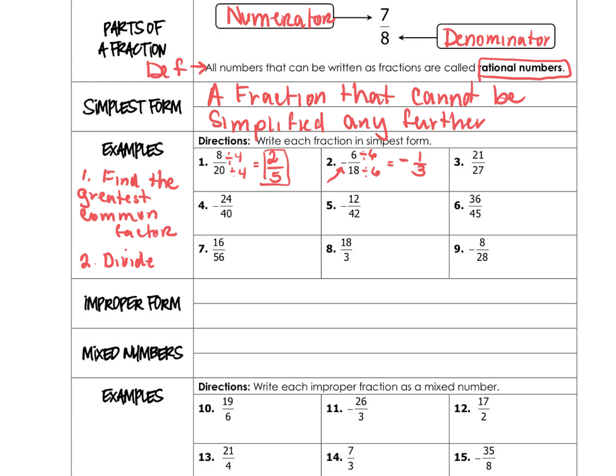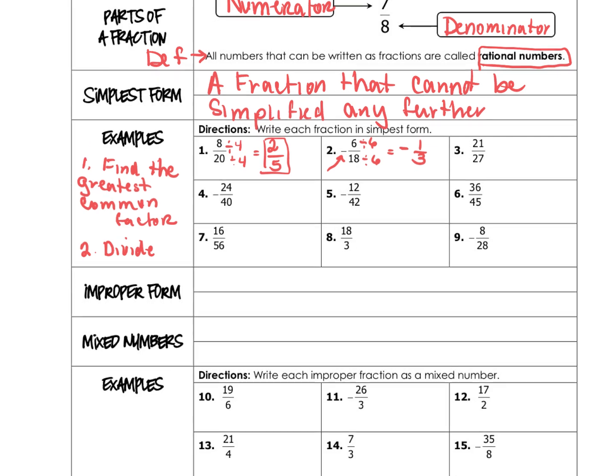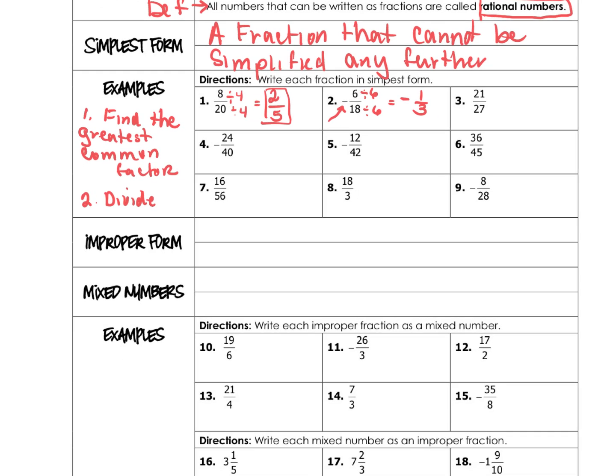Let's move down to improper form. Improper form is a fraction in which the numerator is larger than the denominator.